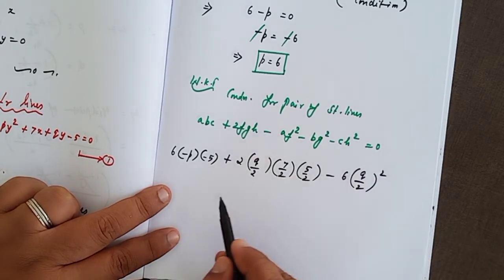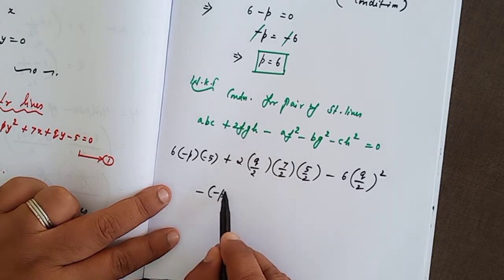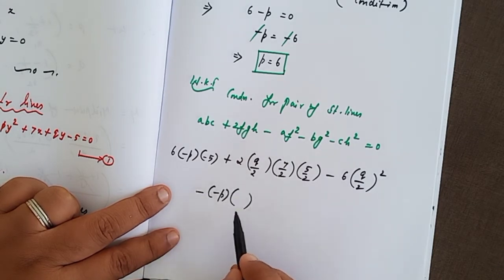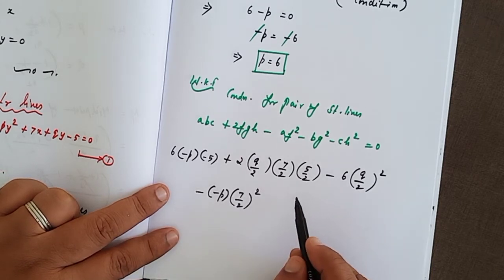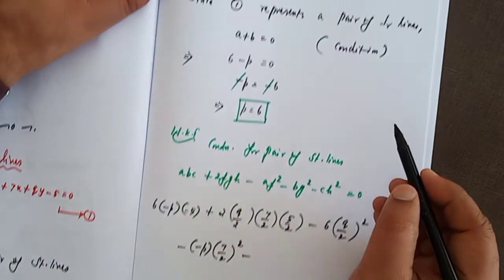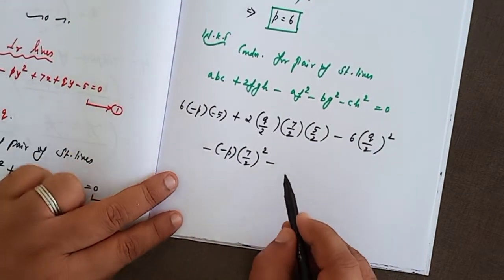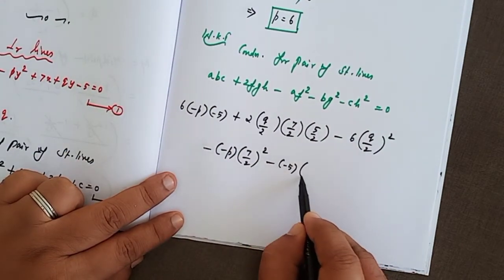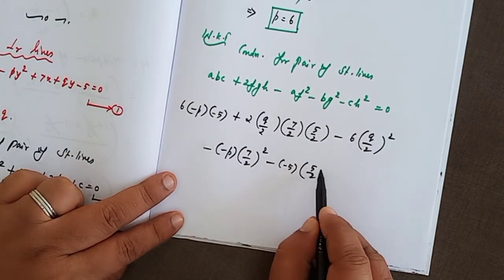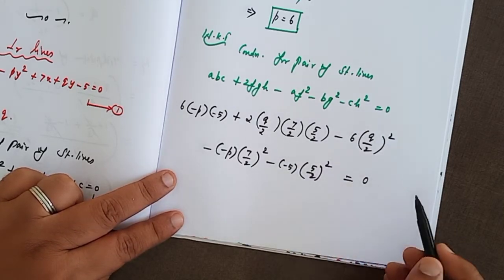Minus b into g squared: b is minus p, g is 7 by 2, squared. Minus c into h squared: c is minus 5, h is 5 by 2, squared, equals 0.